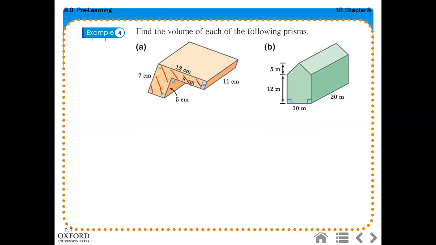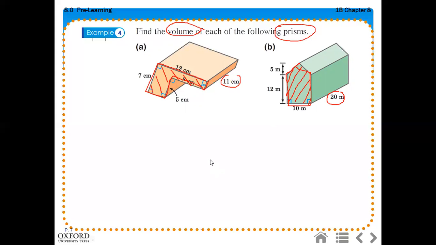And the figure in B, the base is a pentagon. So find the area of this and times 20. So for the figure in A, times 11. Therefore, find the area of the base times its width. And hence, this is the volume of a prism.